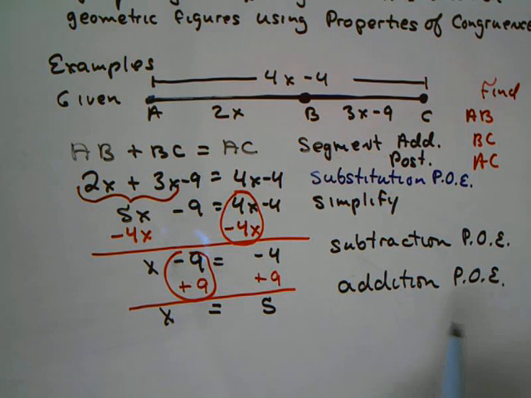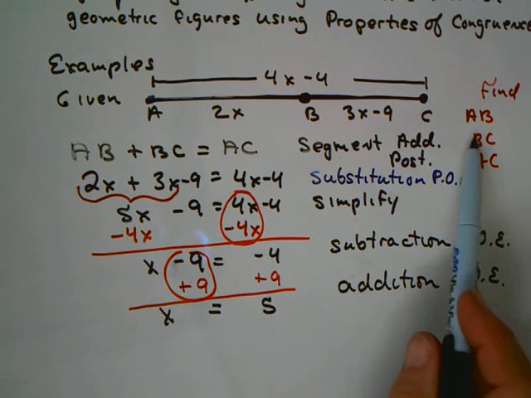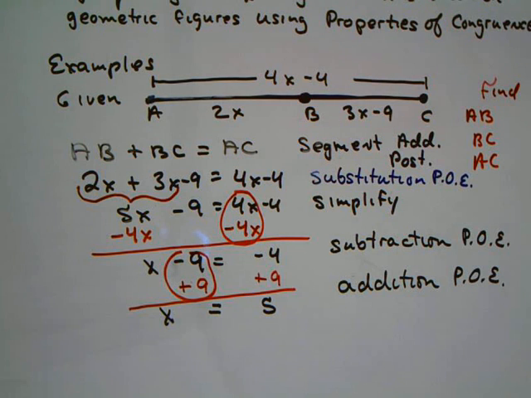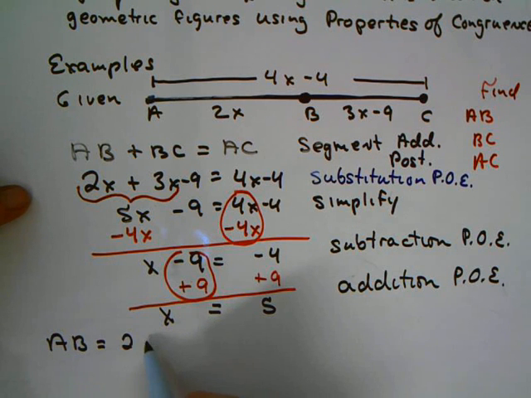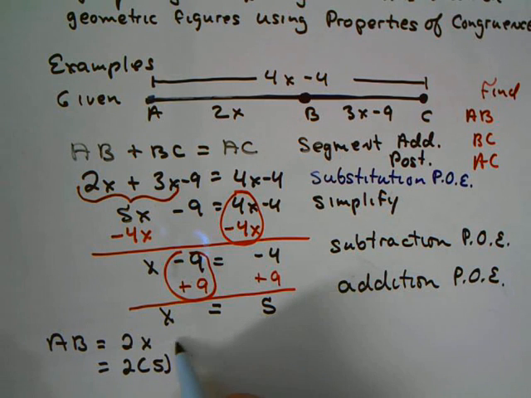Okay? Now I want to find AB, BC, and AC, so I'm not done yet, but I know A to B is equivalent to 2x. So I'm going to say 2x, which is 2 times 5. The reason I can say it's equal to 2x is that it's given.